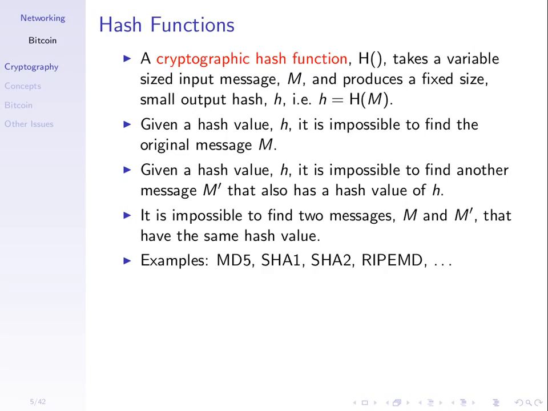And if we take the hash function of a different piece of data on input, we'll get a different output. Okay? You hash one file, you get some random number as an output. You hash a different file, you get a different random number as output. And these outputs are usually small, hundreds of bits.